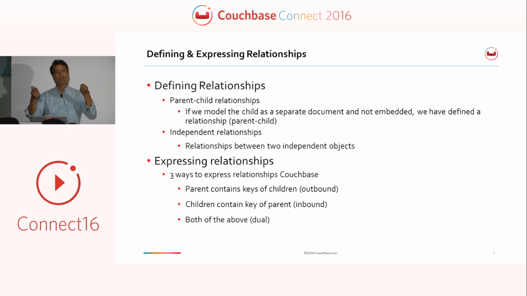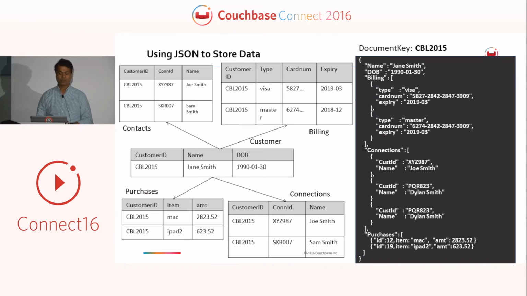One document having the document keys of the other document makes it easy to join. On the flip side, the children can have the keys of the parent or parents, so you can join either from parent to child or child to parent within the query language. You can do either, or you can do both within a single model as well.